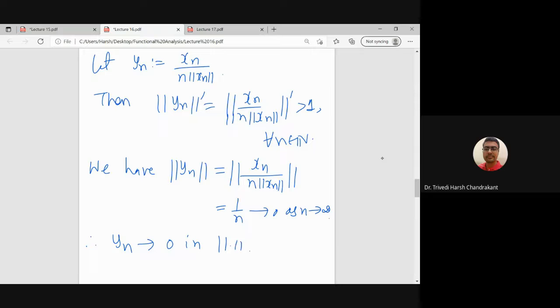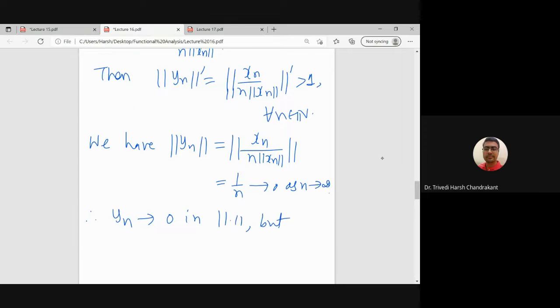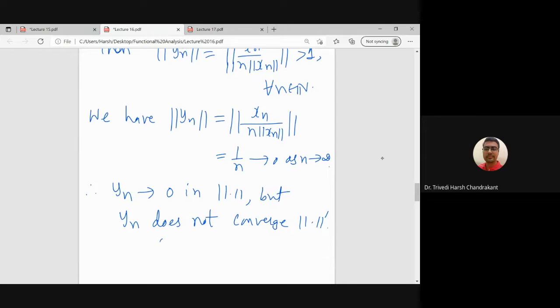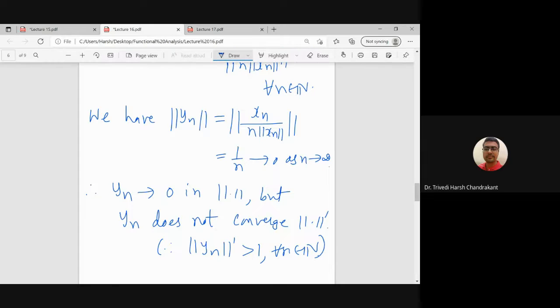but yn does not converge in the second norm. Why? Because norm yn dash is greater than 1 for all n belongs to N. Right.